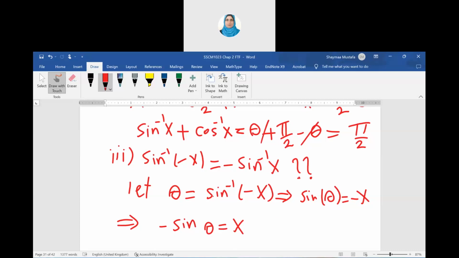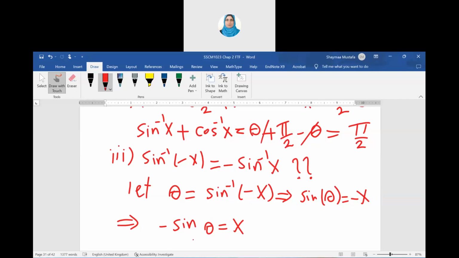Theta equal to sine inverse of minus x means that sine theta is equal to minus x. Take sine for both sides. Sine and sine inverse will cancel each other, so sine theta will equal minus x. Now just multiply by minus: minus sine theta is equal to x.